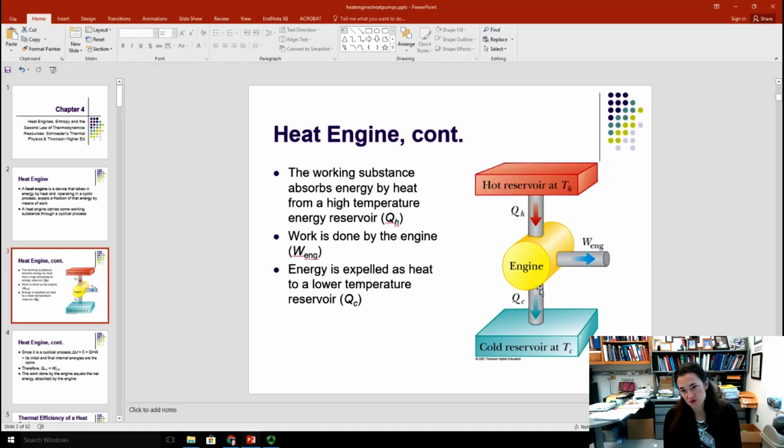Also leaving the engine is the waste heat Q sub C, indicated by the blue arrow, which is going to the cold reservoir. Now the cold reservoir is at a lower temperature, T sub C, compared to the hot reservoir. Oftentimes in, for example, Otto cycle engines, gasoline engines, the cold reservoir is just the air and atmosphere that surrounds us. Okay?